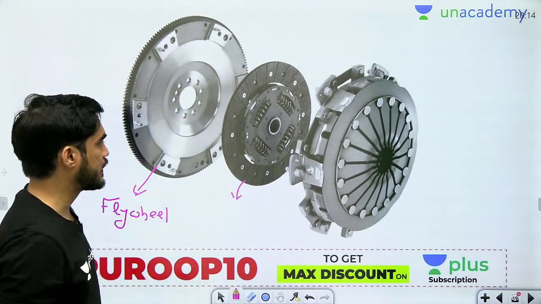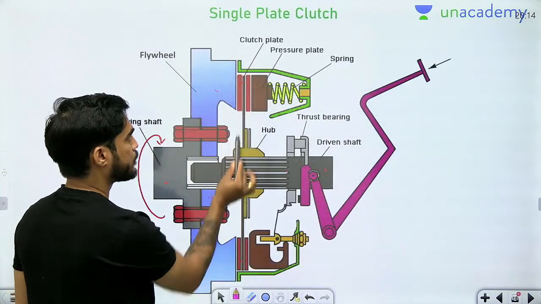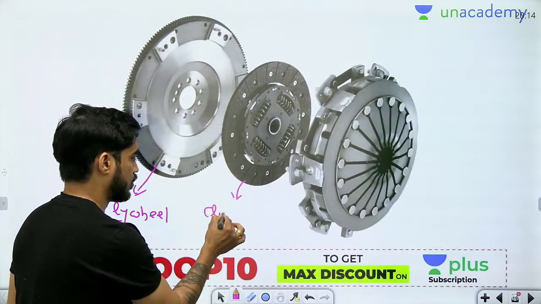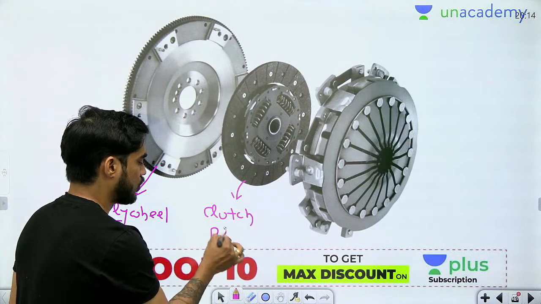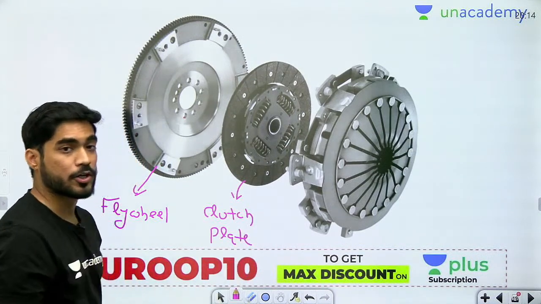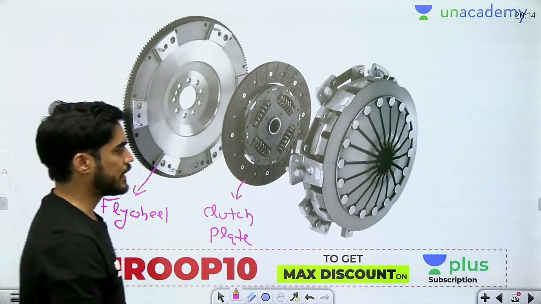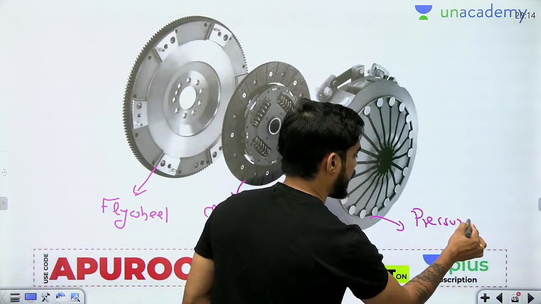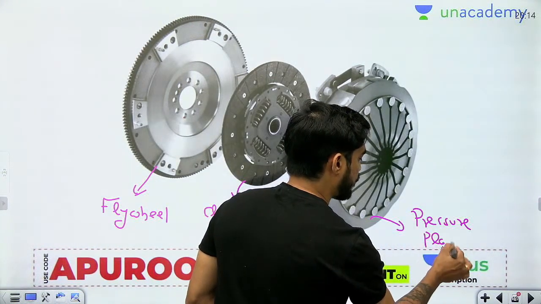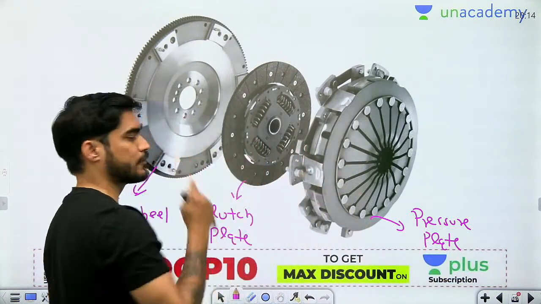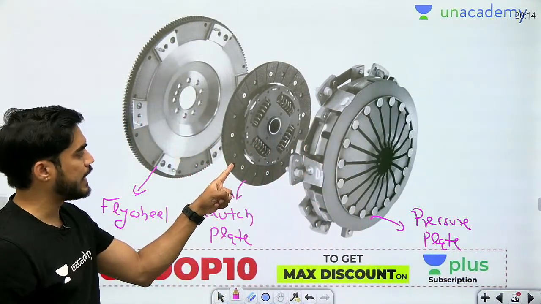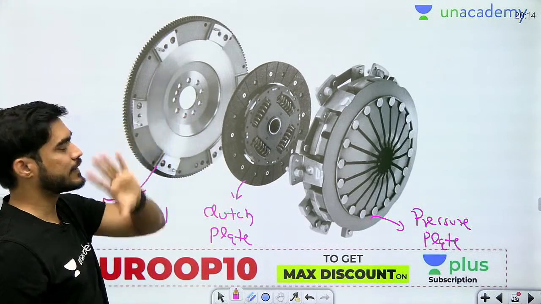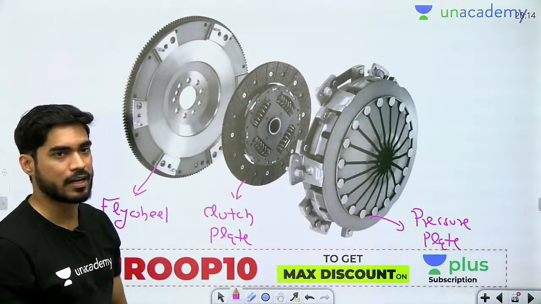This is the clutch plate, which will produce friction, and this is the pressure plate. The pressure plate will apply pressure on the clutch plate so that the clutch plate will press against the flywheel and friction will be developed.